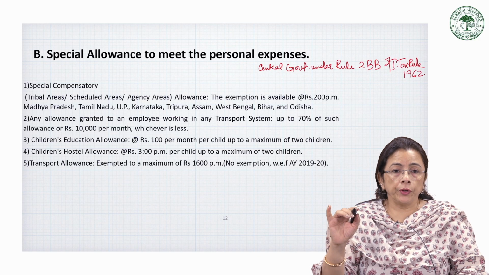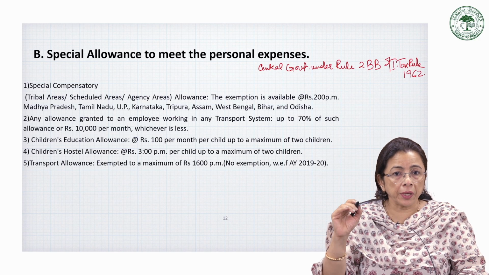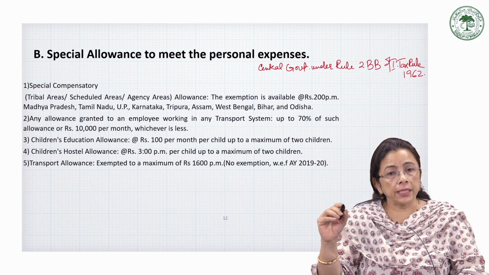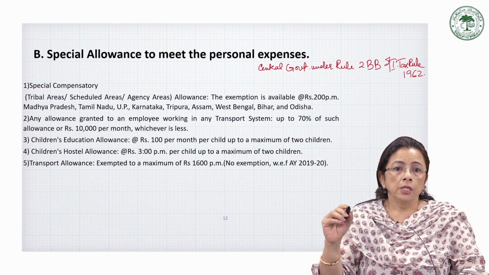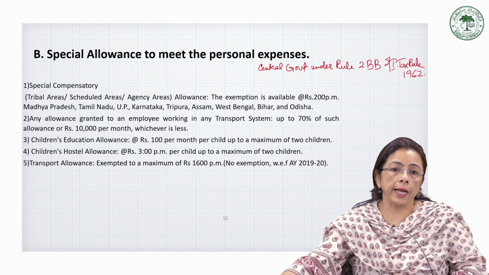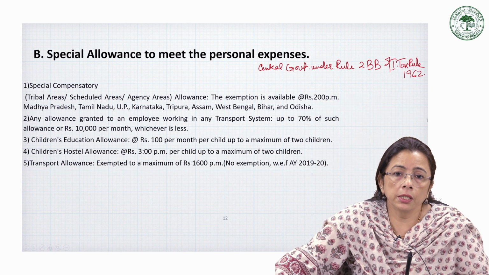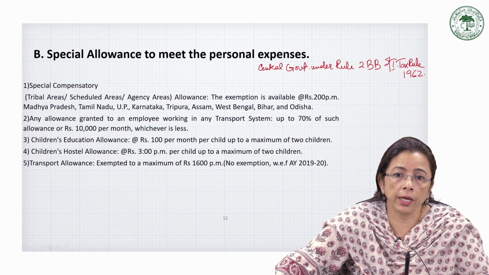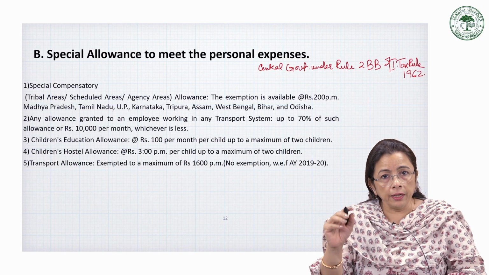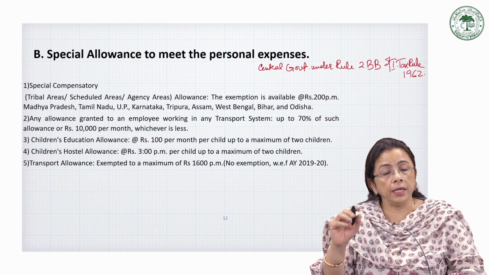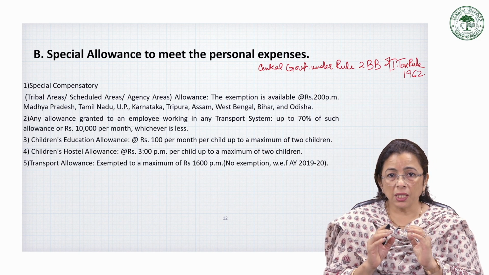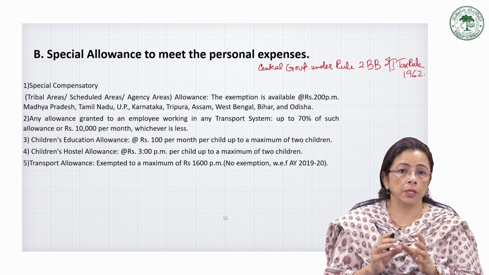Coming to the first component, that is a special compensatory allowance, which includes tribal, scheduled or agency areas allowance. This allowance is granted to the employees serving in a remote and tribal or scheduled area where living conditions are very difficult and amenities are very limited, and therefore many employees are not interested in getting postings in those areas.